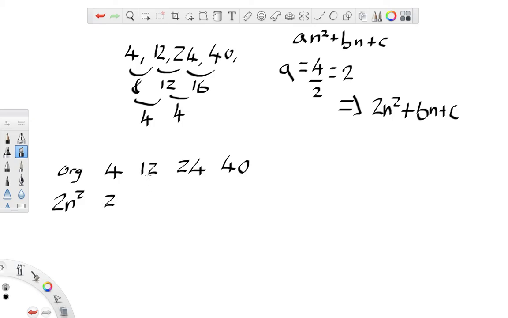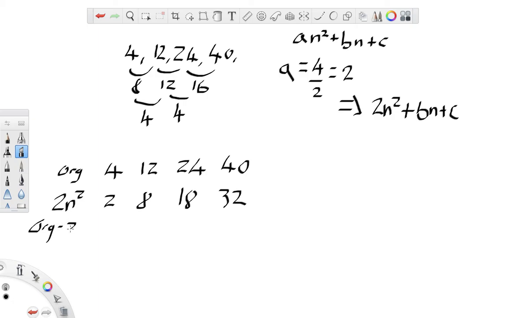Then our second term, well that will be 2 times 2 squared, so that's 2 times 4, which is 8. And then we'll have the third term, so that'll be 2 times 3 squared, which is 18. And then for the fourth term, we'll have 2 times 4 squared, so that will be 16 times 2, which is 32.